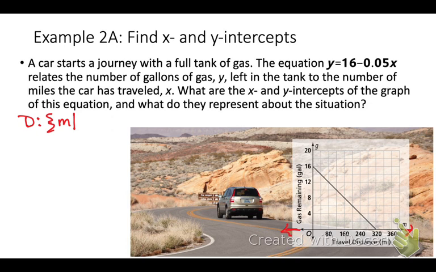I can't have negative miles, can I? No. So 0 is my smallest. Can I be at 0 miles? Yeah, I can travel 0 miles, not moving. So m is greater than or equal to 0. Now, what's my biggest miles?